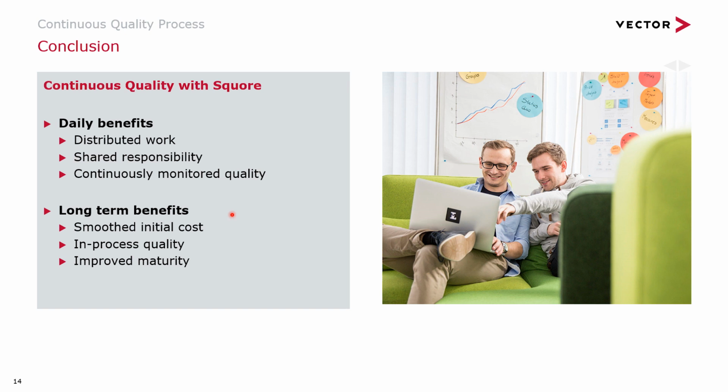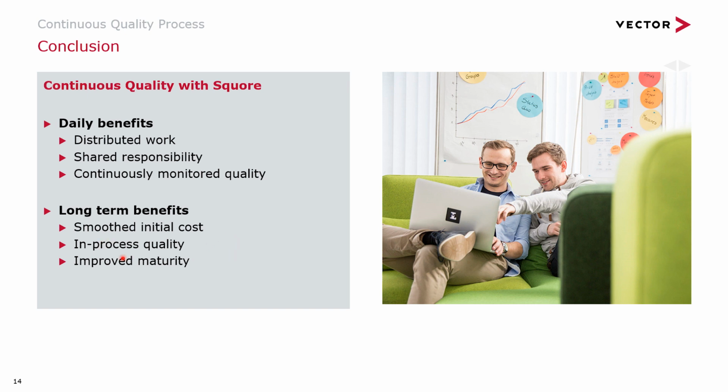In the long run, Squore is going to have some benefits as well, because the cost is going to quickly be smoothed out as soon as Squore is integrated in the continuous quality process. And speaking in process, the quality will be part of the process because it will be regularly computed, but also regularly checked and regularly reported.